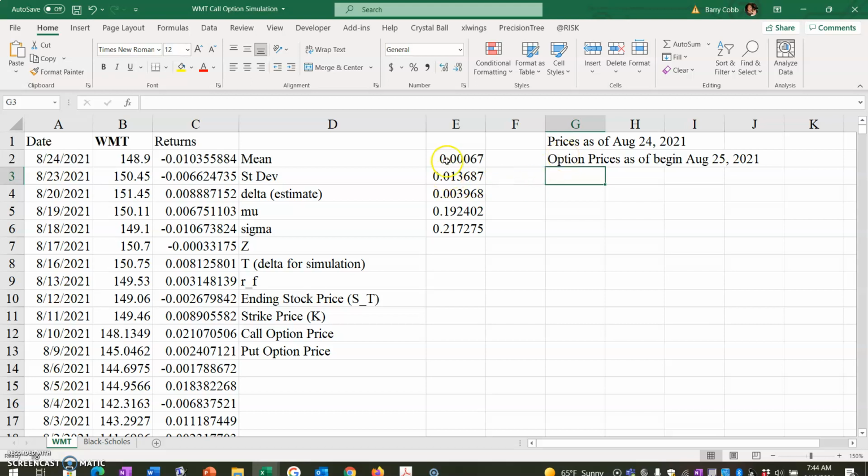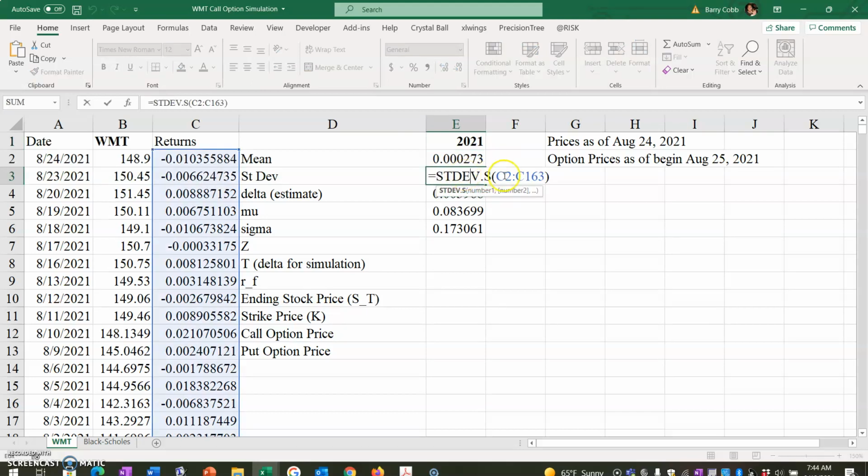Now, in this case, what we're going to do is use data over 2021 to estimate the volatility of Walmart stock. There's actually 5 years of historical data in this list, but there's some question as to what volatility matches the future expectations for the options investor. So it seems like 2021 in this case might match better with the forward-looking expectations.